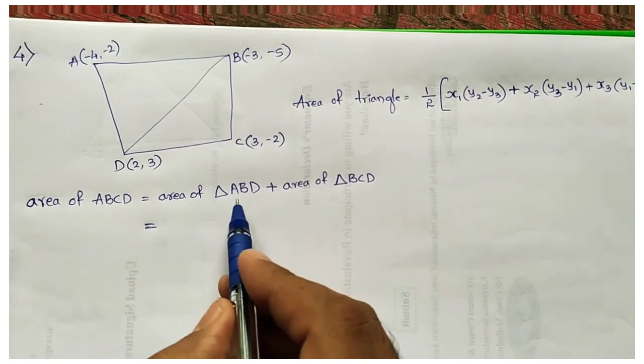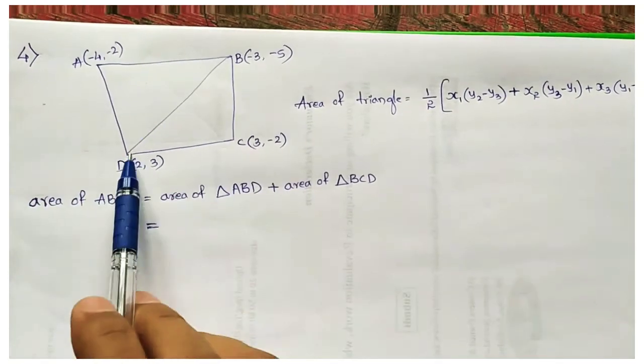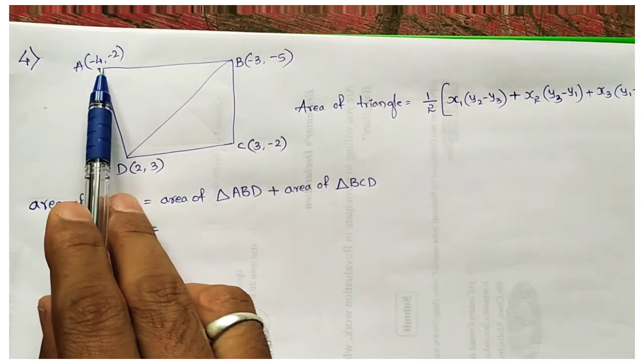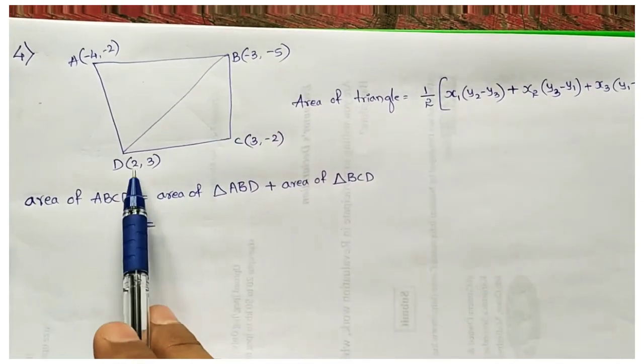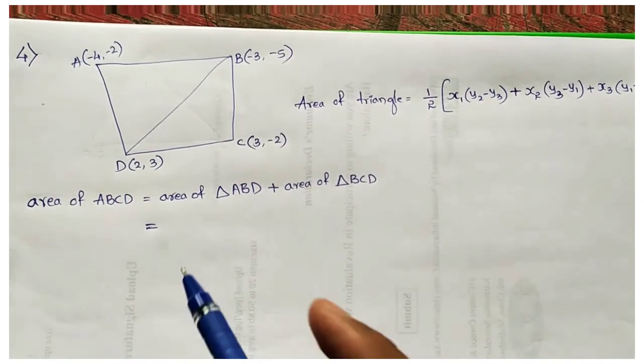So first use the ABD vertices, taking the coordinates as x1, y1, x2, y2, x3, y3. Okay.